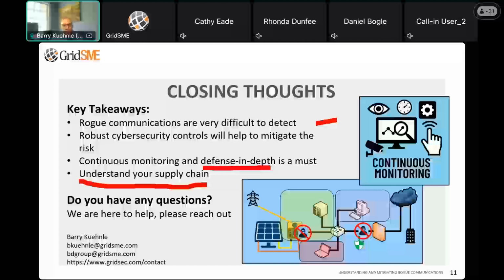I used the example earlier, if one machine, such as the inverter, should never be talking to the computer, and all of a sudden it is talking, then you will know that something obviously weird is happening, right? Or if all of a sudden one of your devices tries to reach out to the control center when it never has done that before. So baselining and understanding your environment is hard to do.